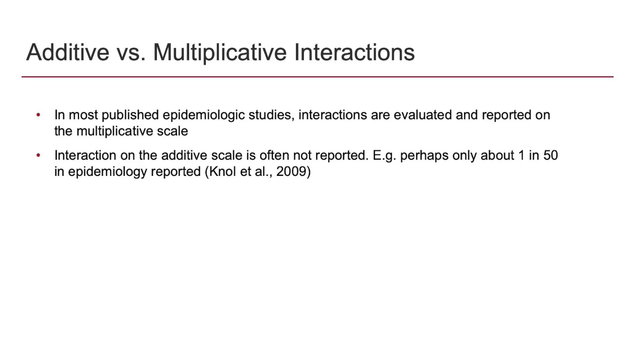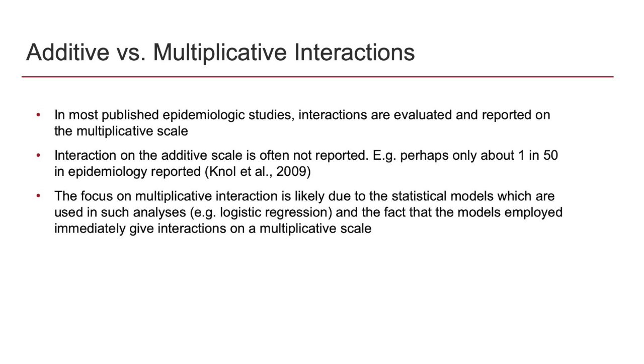If you look at most published studies, as I said, interactions are evaluated and reported on the multiplicative scale. That is probably what most of you are familiar with. But interaction on the additive scale is often not reported. There was a published study about 11 years ago that showed 1 in 50 epidemiologic studies reported interaction on the additive scale.